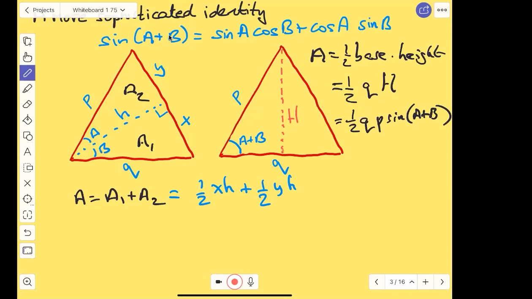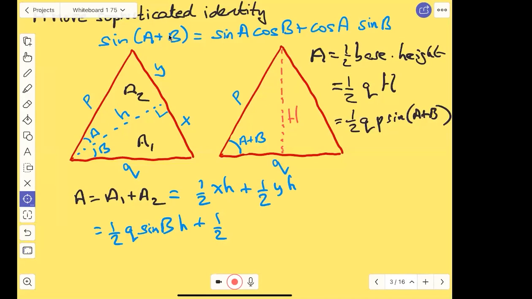So going back to here, we have that our area is a half, and X is Q sine B, times H, plus a half. And in the same way, we look at this triangle now.